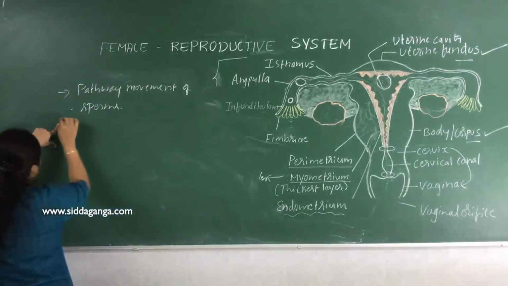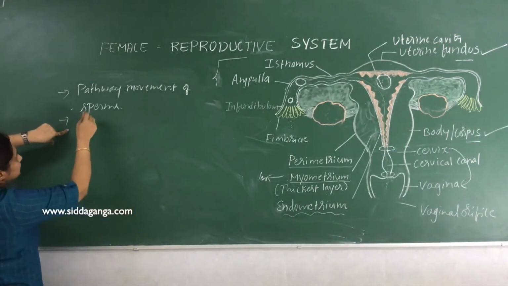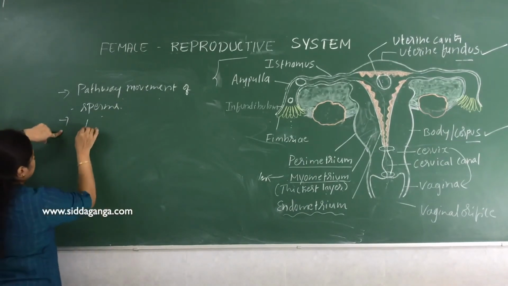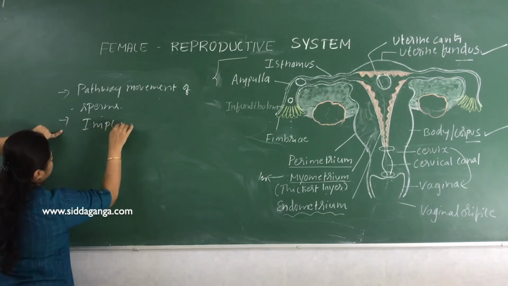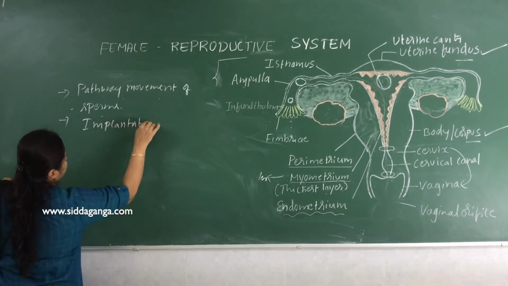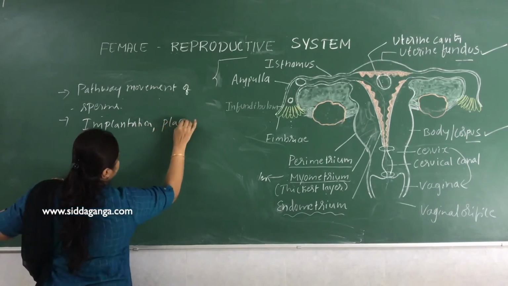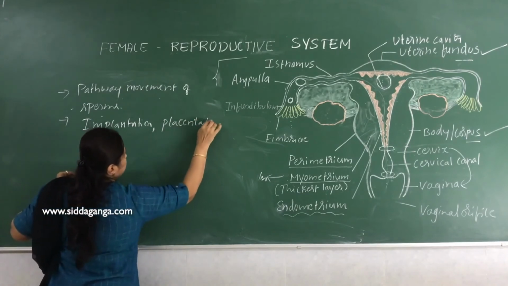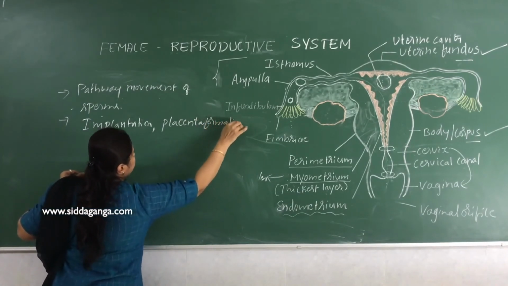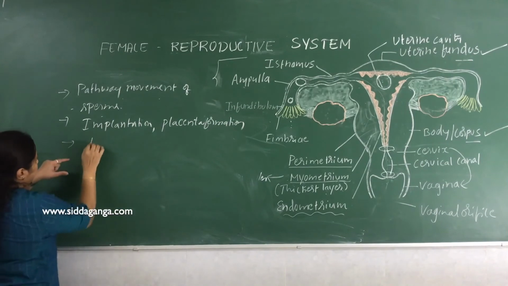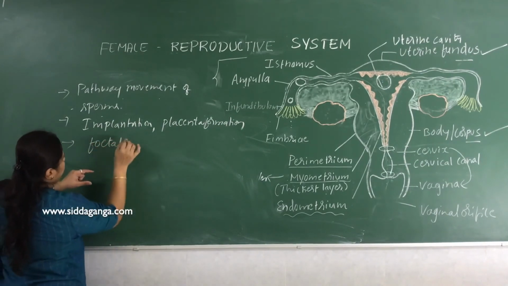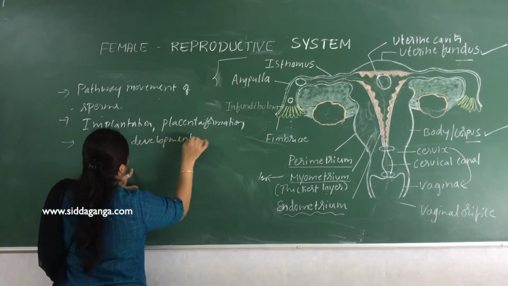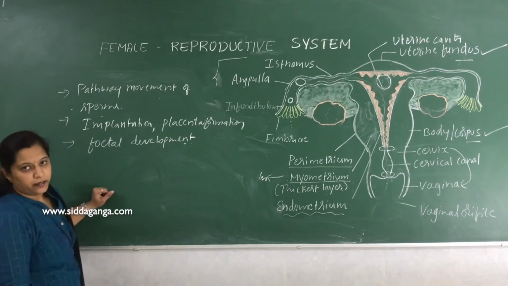So what are the main functions here? It is a pathway for the movement of the sperm, a site of implantation, a site for placenta formation, and also a site for fetal growth and development.